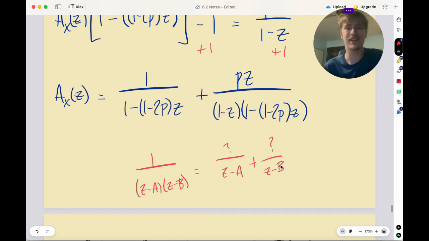So the trick is plug in z equals a everywhere. But when you do that, you're going to get an undefined here, so you have to cancel this out, like cover it up with your hand, and then plug in z equals a. That's going to get you this coefficient. So this coefficient is actually going to be 1 divided by a minus b.